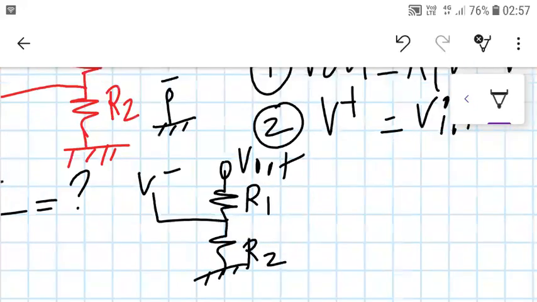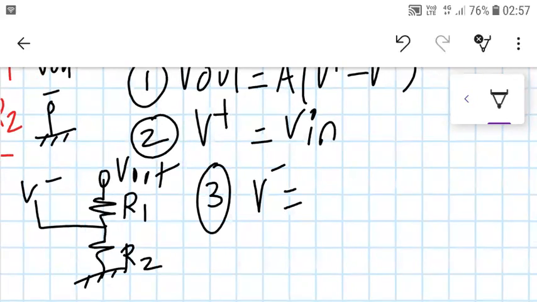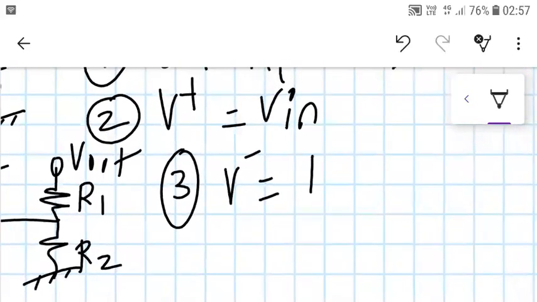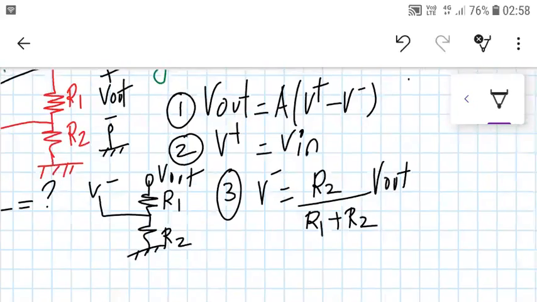How can we write V minus in terms of V out? We know the voltage division rule: V minus is equal to R2 upon R1 plus R2 into V out. That becomes my expression number 3.